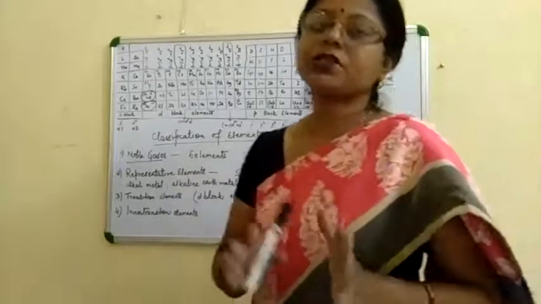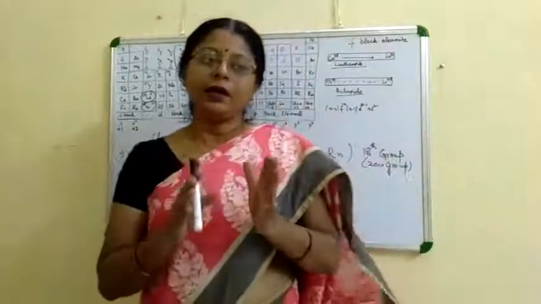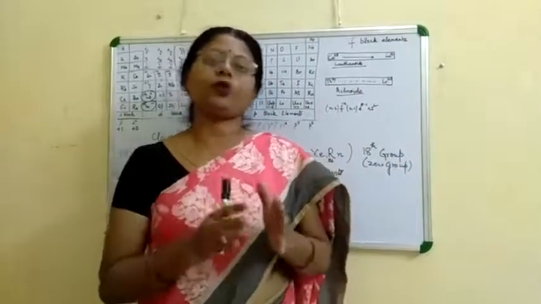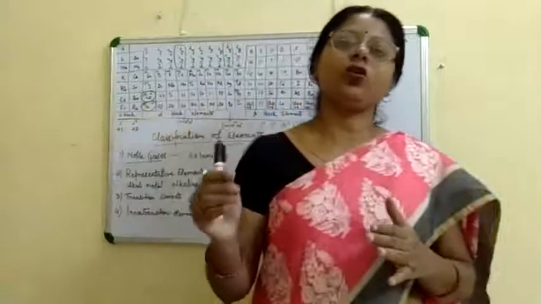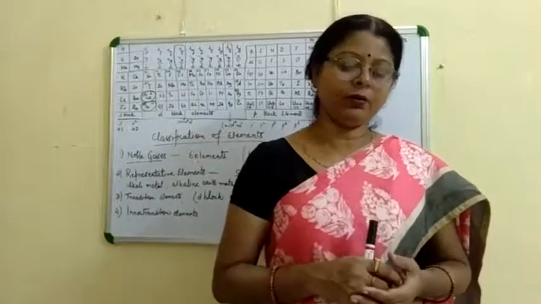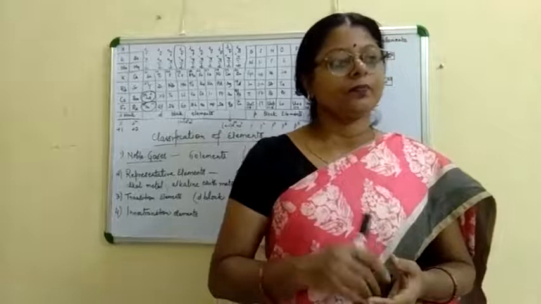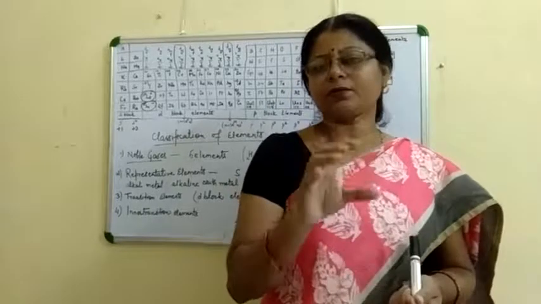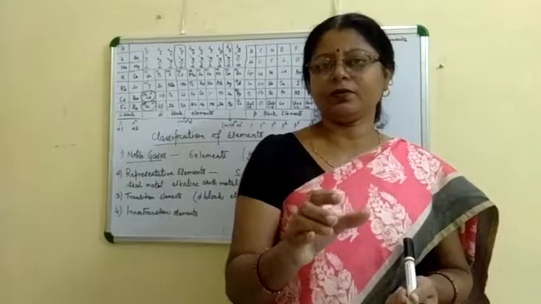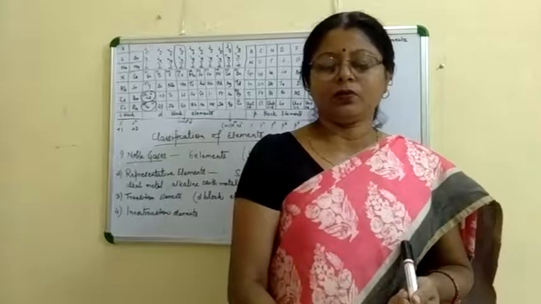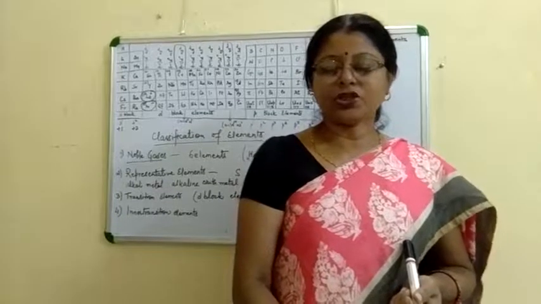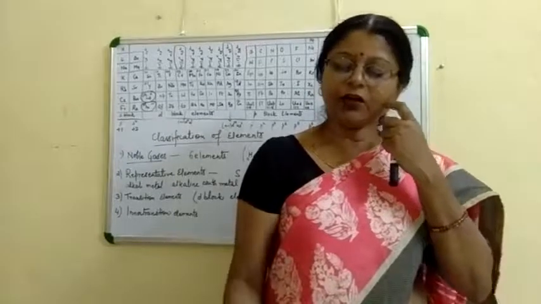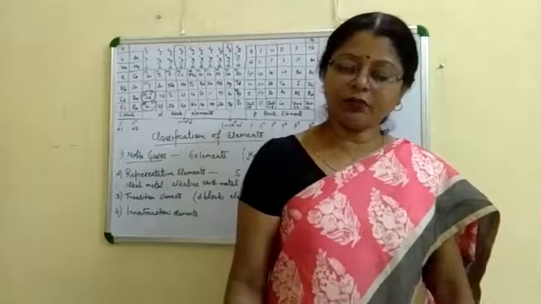As we arrange the elements in the periodic table according to increasing order of their atomic number, just now you have studied some terms such as ionization, electronegativity, electron affinity.